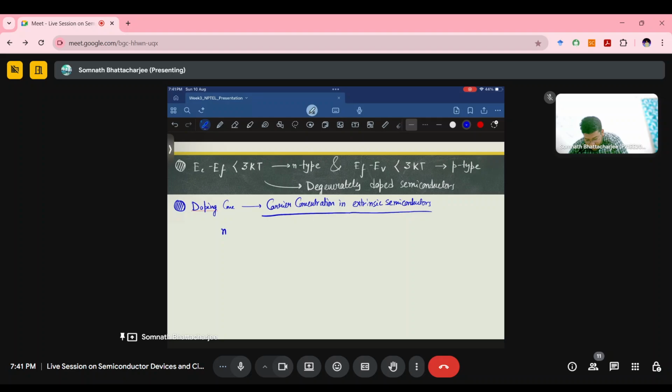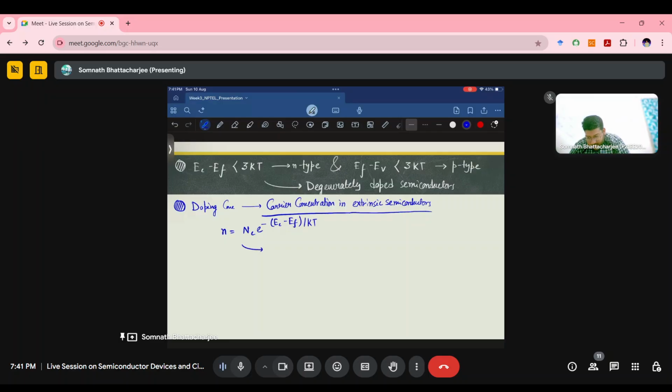So we know that the value of n is Nc e to the power of minus (Ec minus Ef) by kT. So this was our first equation; we have already solved this.